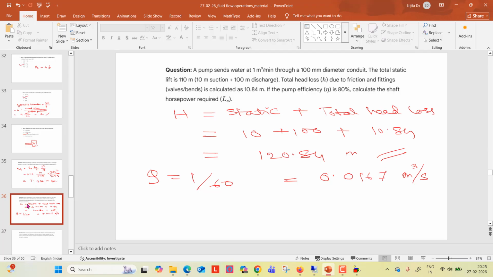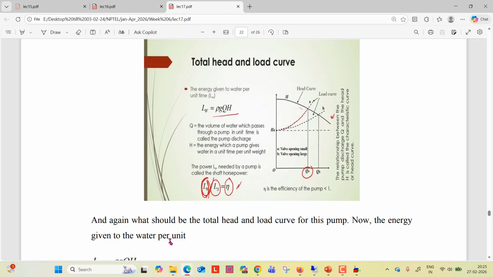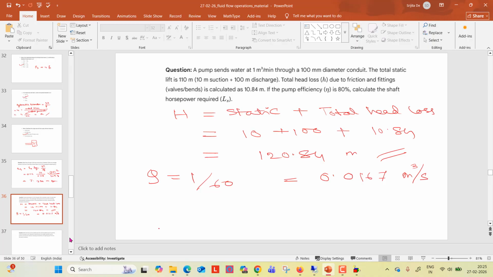So the water power equation we have seen. Water power per unit time is given as LW. So LW is rho g QH. For water it is 1000, g is 9.81, Q is 0.0167, H is 120.84.